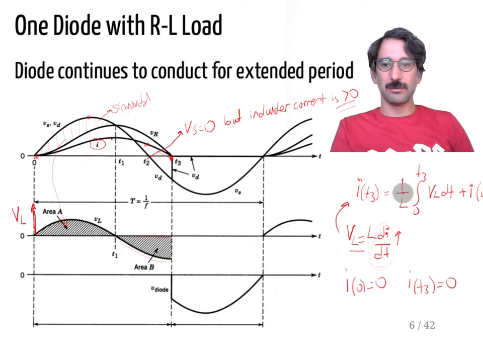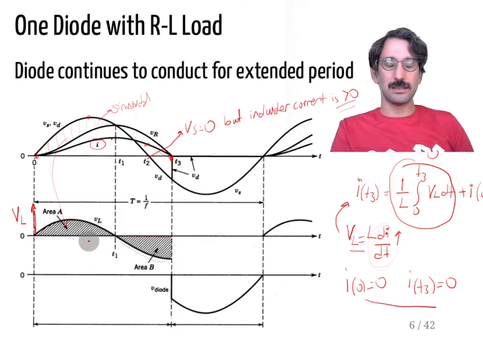So the current at T3 minus I0 is equal to that, and if they are equal to each other, that should be 0. In other words, if I integrate the voltage area through that distance, it will be equal to 0. In other words, area A and area B should cancel each other.